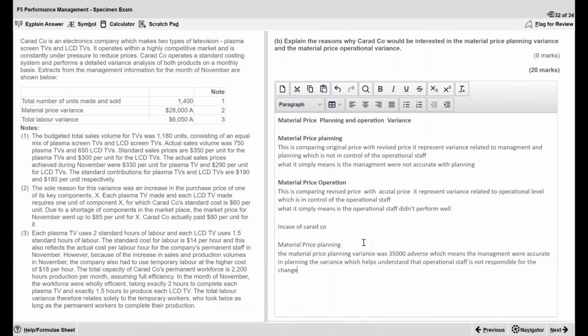The changes in the market were not predicted by strategic level, or whichever is by management, or say management involved in planning.